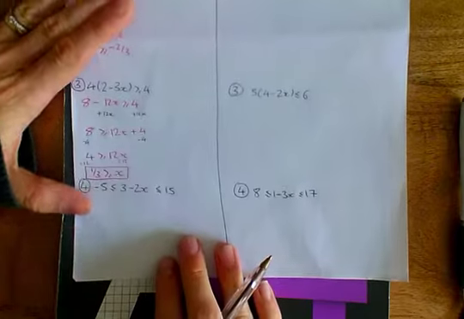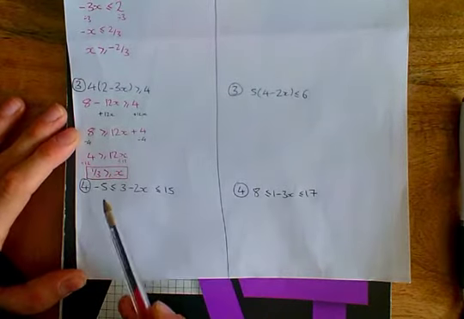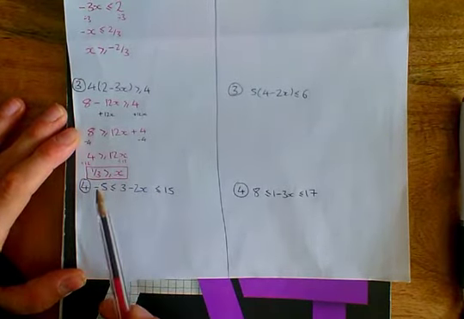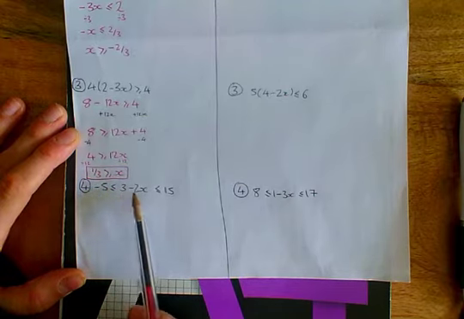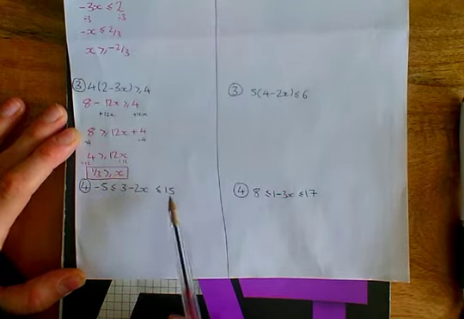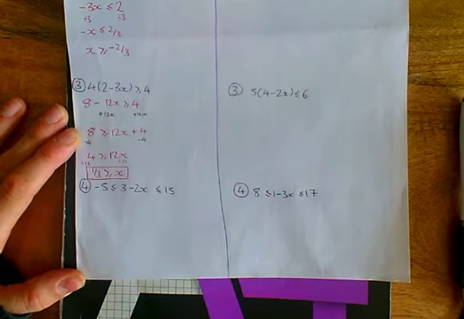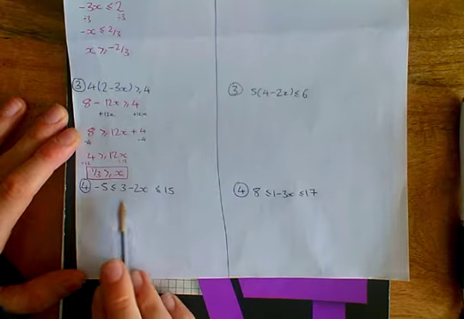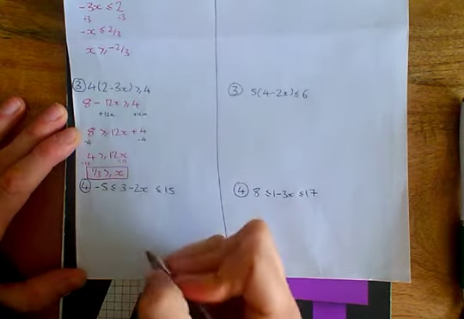Very last question, which we'll run through, is when you've got two inequalities. So minus 5 is less than or equal to 3 minus 2x, which is less than or equal to 15. Now, the first thing that I'm going to do in this case is similar to method 2, where I'm going to eliminate this 3.